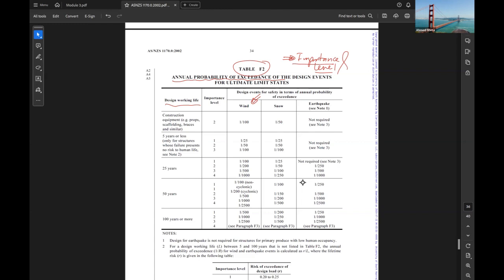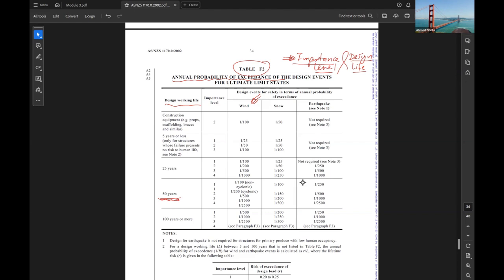So for example, if the building is a governmental building or a house or a bridge or something, we can take the design life of the building as 50 years. So we need two pieces of information: the design life and the importance level.